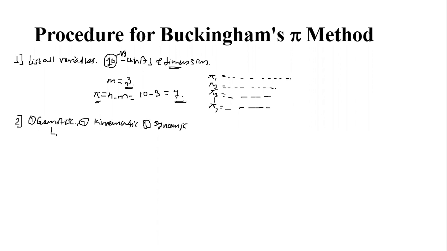Then for the kinematic property, suppose we are considering velocity or the rotation speed, say n, and the dynamic property as force, or the dynamic property may be a fluid property, we'll consider density or the dynamic viscosity.